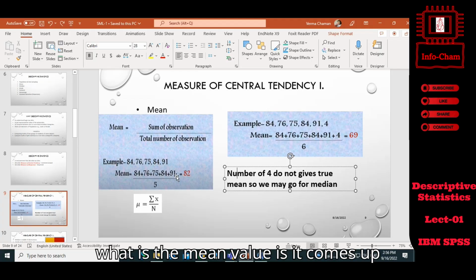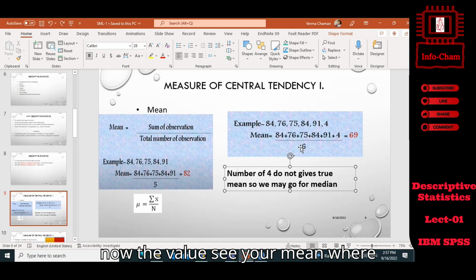See the example: what is the mean value? It comes to 82. Just think, and you can see here the same data we have: 84, 76, 75, 84, and 91, and see one new value is added, 4.